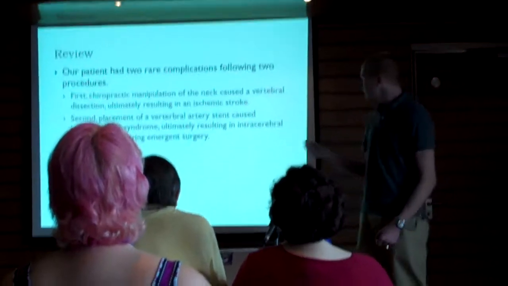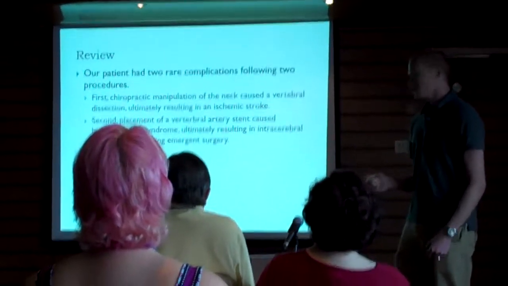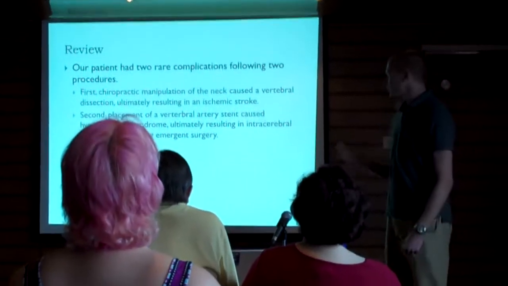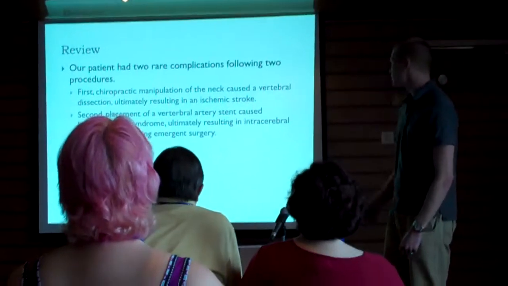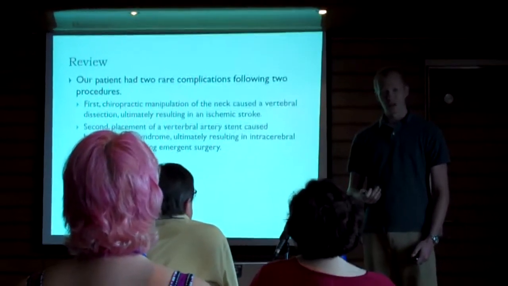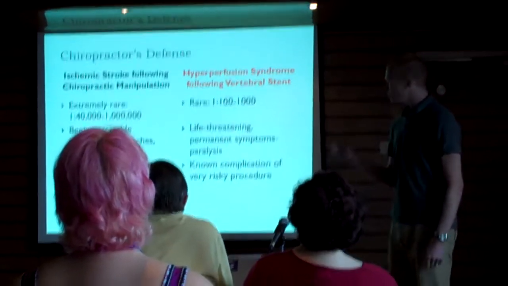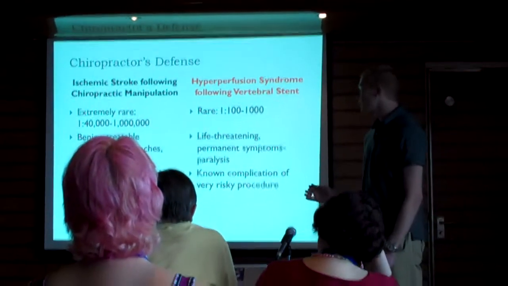So how do we look at this? Well, let's review. We had 2 rare complications following 2 procedures. The first was manipulation of the neck causing vertebral dissection, eventually causing a stroke. The second was the placement of the stent that caused hyperperfusion syndrome and almost killed him. So if we were on the outside looking in, or if we were a chiropractor looking at this case, how would we see it? Well, we'd see the ischemic stroke following chiropractic manipulation is very rare.